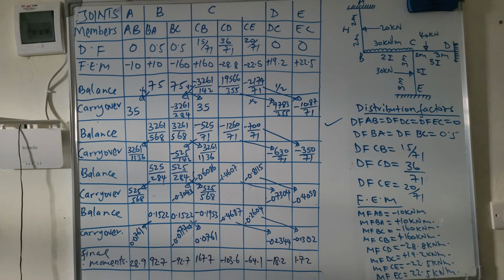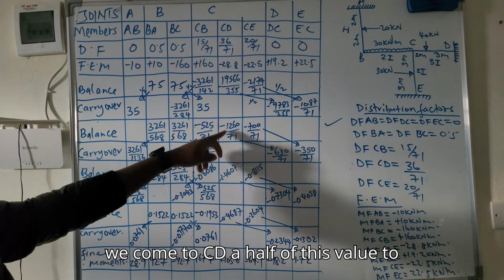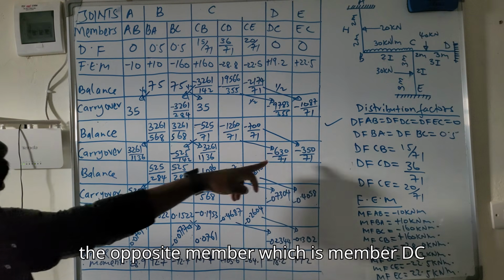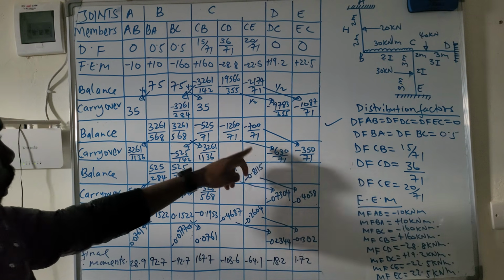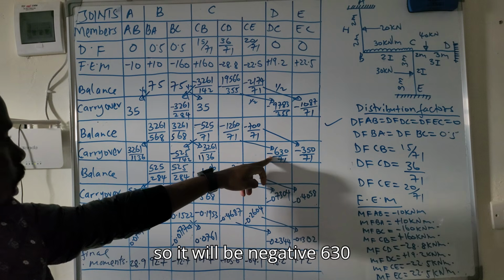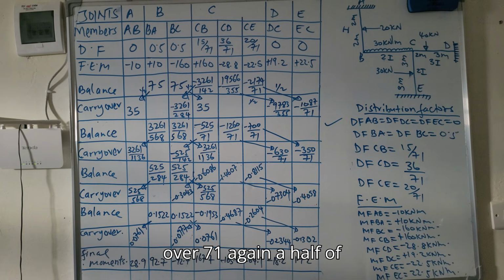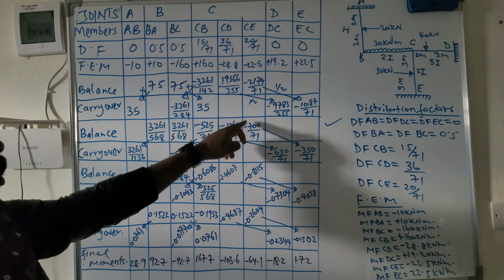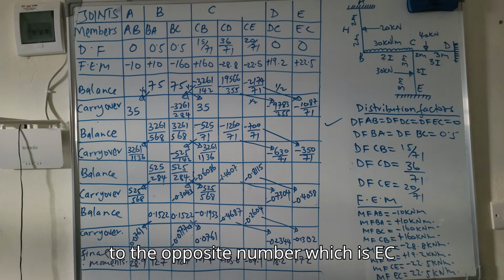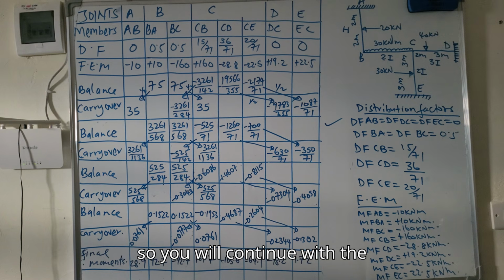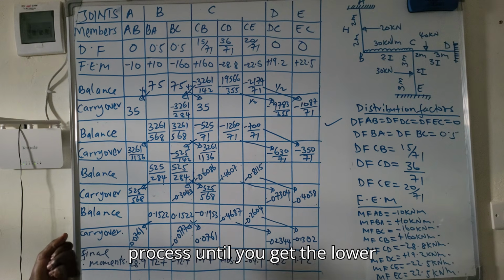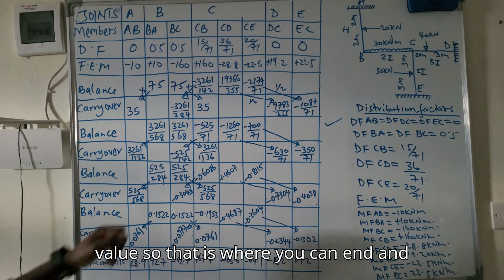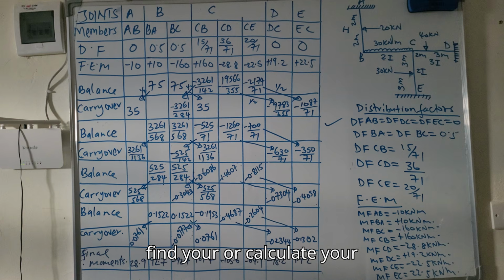Again, we come to CD. A half of this value to the opposite member, which is member DC. So it will be negative 630 over 71. Again, a half of this CE to the opposite member, which is EC. So you will continue with the process until you get the lower value. So that is where you can end and calculate your final moment.